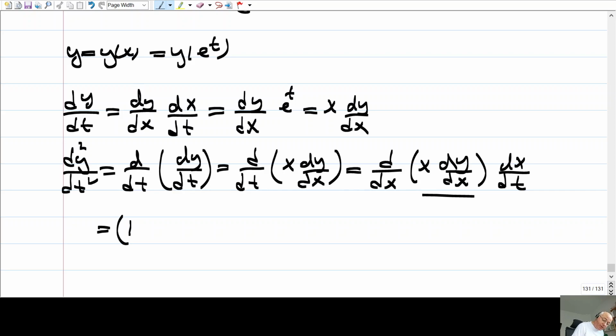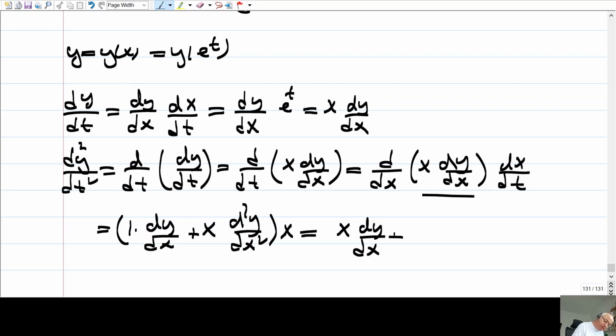So derivative of x, which is 1, times dy dx, plus x times the derivative of this with respect to x, which is d squared y dx squared, and then I have dx dt. But dx dt is e to the power t, and that is just x. So this is x times dy dx plus x squared d squared y dx squared.